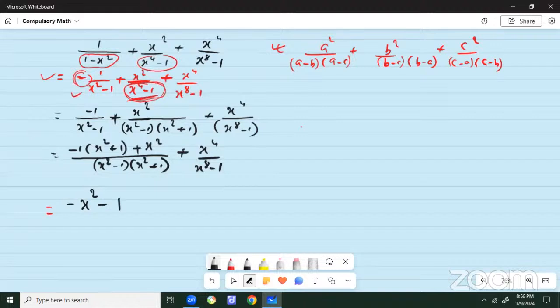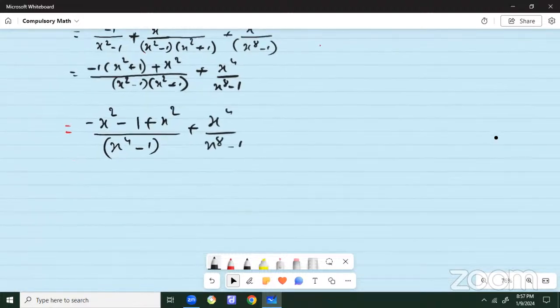Negative 1 plus x squared. Now, if we simplify this, we can cancel out this two, right? So we have here negative 1 times x to the power 4 minus 1 plus x to the power 4.